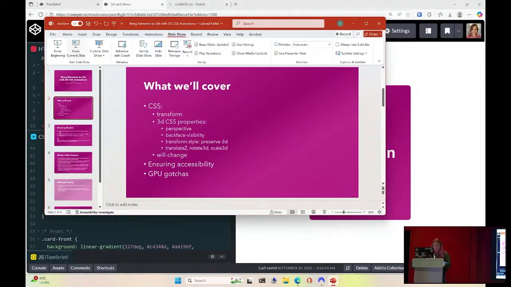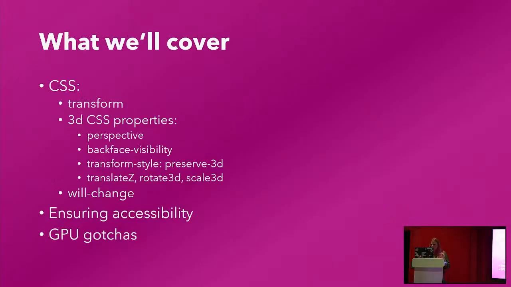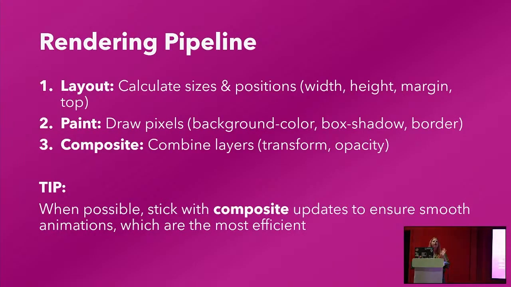So from current slide. All right, so whenever it comes to transforming and transitioning animations, there's what's called a rendering pipeline. And that is going to tell you what is going to take the most energy or the most computation value.